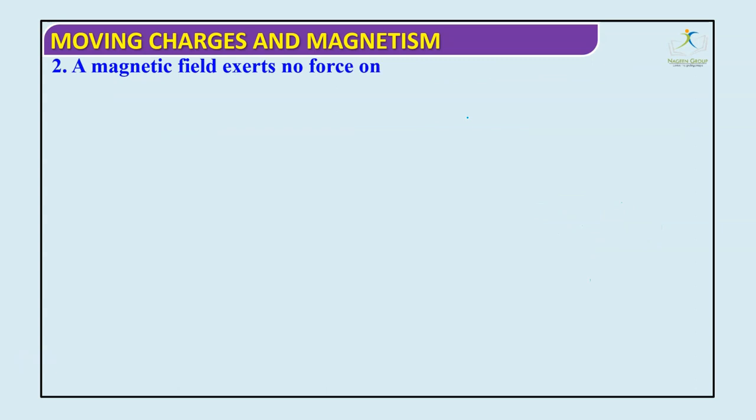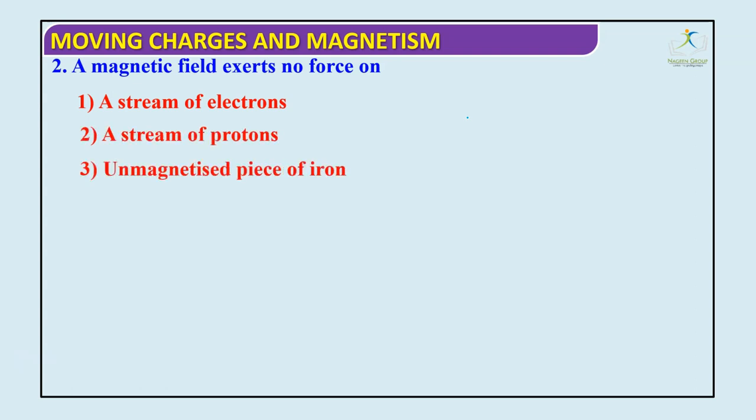Next we have: a magnetic field exerts no force on a stream of electrons, a stream of protons, an unmagnetized piece of iron, or stationary charges. The answer is stationary charges. Because a stationary charge has only electric field lines.